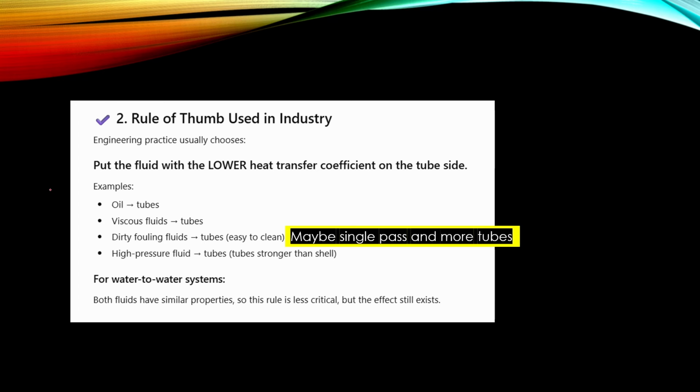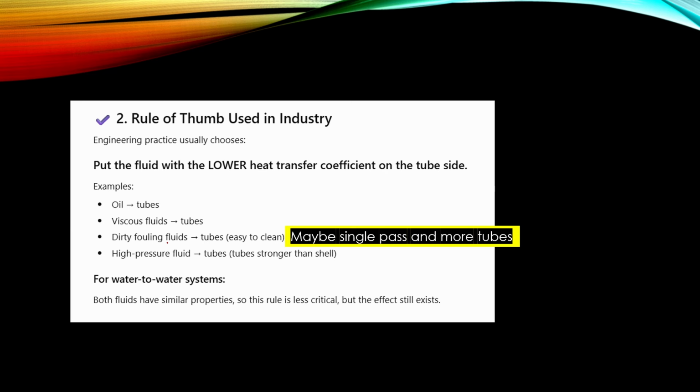Some kind of a rule of thumb for industry is that we should always put oil inside tubes, also viscous fluids inside tubes, and if we have a dirty fouling fluid, we should put that also inside tubes.